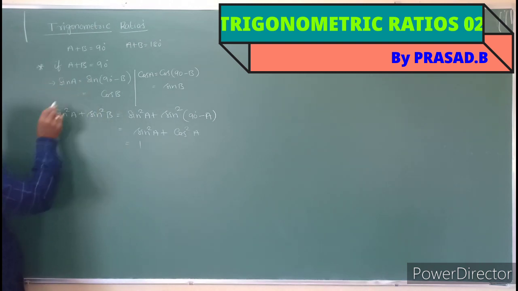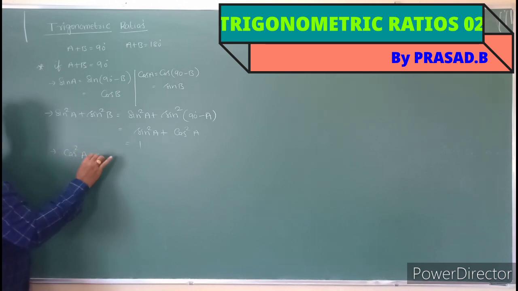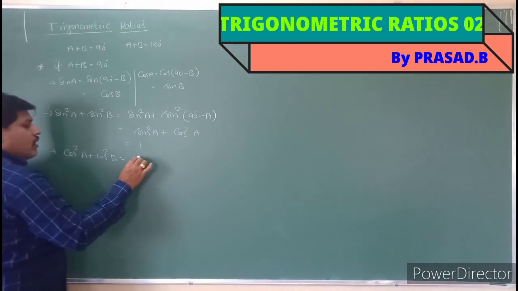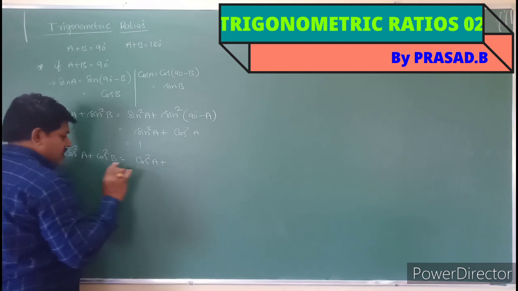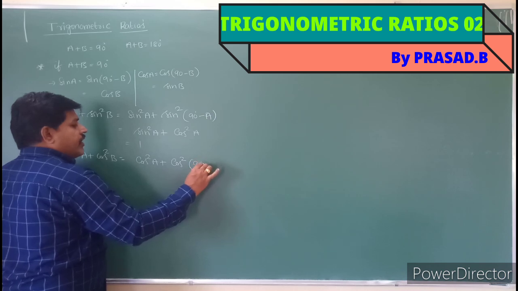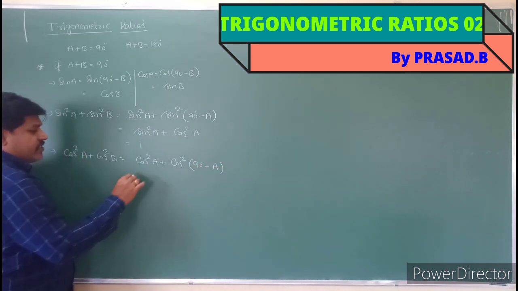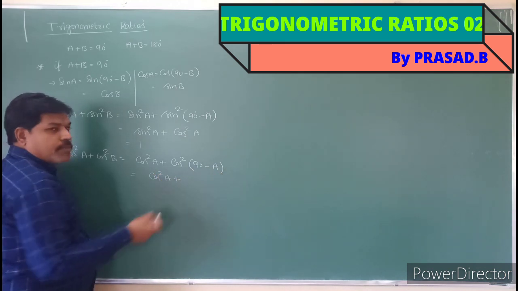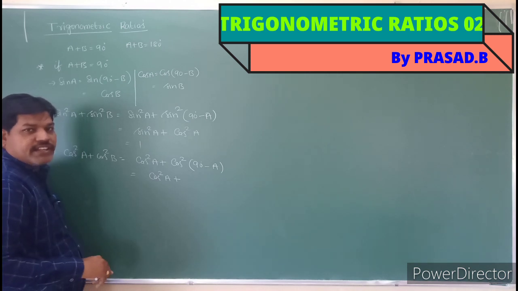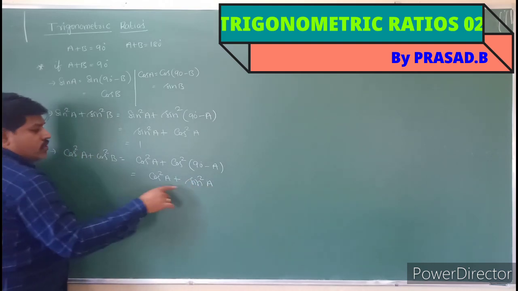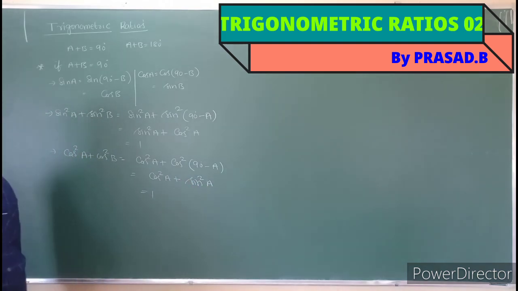Similarly, you can see cos square A plus cos square B. What is cos square A plus cos square B? It is also equal to 1. Why? Because in cos square A plus cos square B, this B you can write as 90 degrees minus A. So that is nothing but cos square A plus cos square of 90 minus A. Cos 90 minus theta is sin theta, and square is there, so it will become sin square A. So cos square A plus sin square A is also equal to 1.